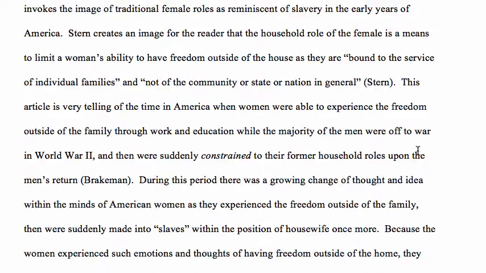Then we're looking for context, right? And what she looks at in terms of context is World War II, right? And the role of women in the workplace and the educational system. And she brings in an outside source, which is a scholarly database.